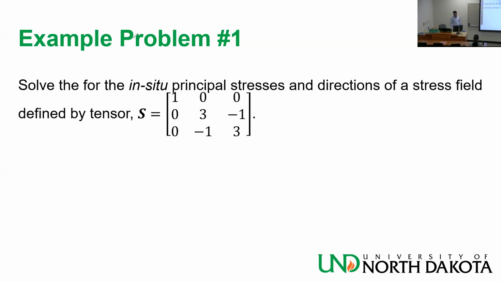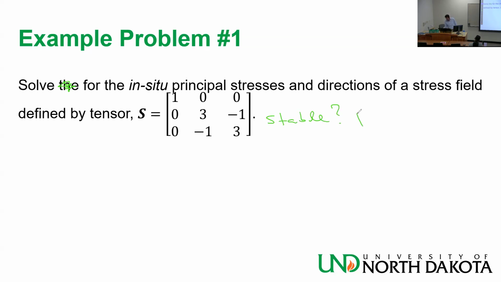So here we have our first example problem. Solve for the in situ principal stresses and directions of a stress field defined by tensor S. We already talked and agreed that it's stable.